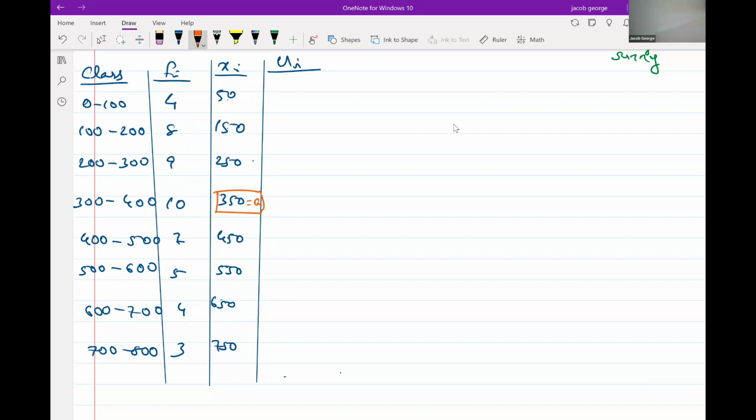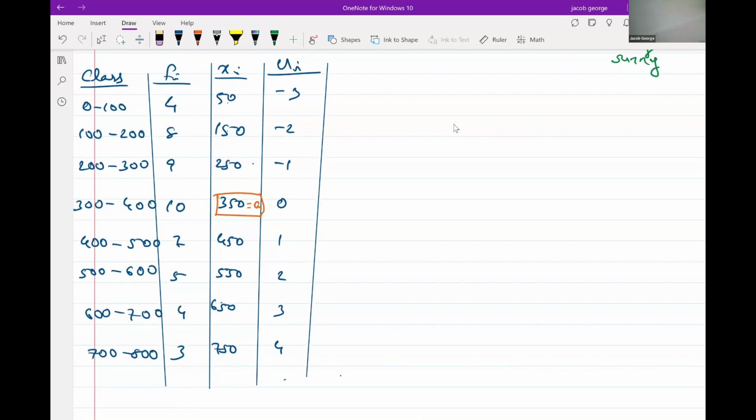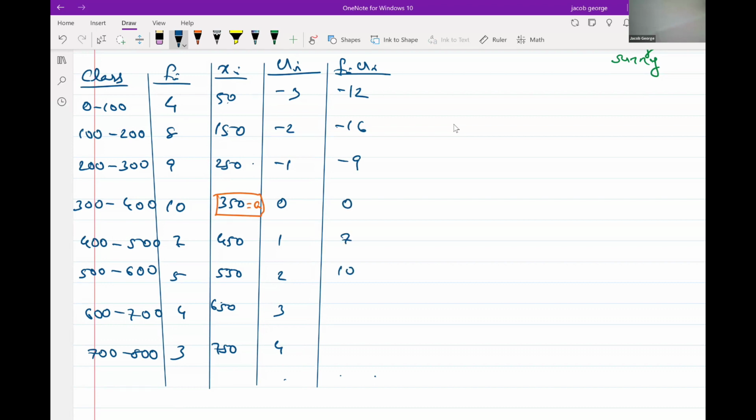Now the ui corresponding to xi will be 0, with -1, -2, -3 above, and 1, 2, 3, 4 below. Then multiply fi into ui: -12, -16, -9, then 0, 7, 10, 12, 12. Add the negative numbers, add the positive numbers, and take the difference.